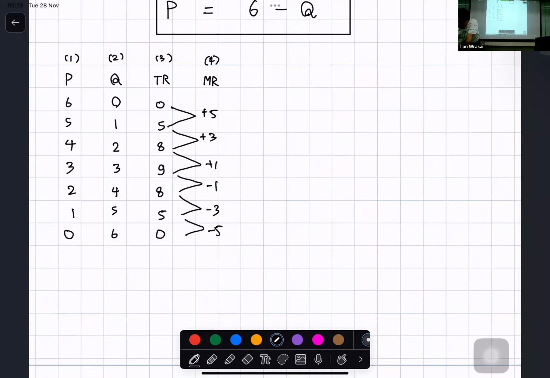Okay, next, we want to have an illustration of this picture. Illustration.